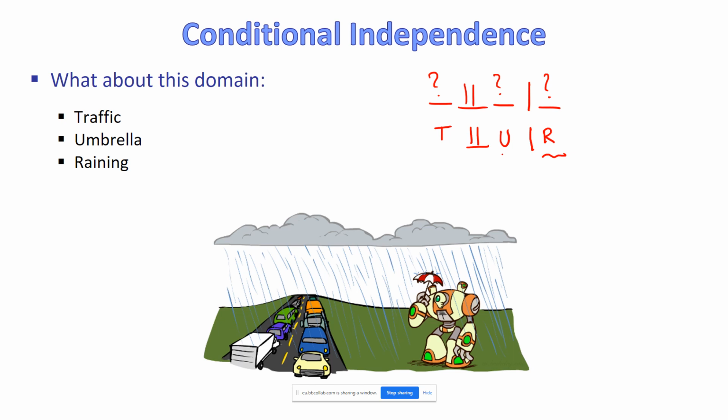So generally, we cannot say independence. There is an interaction. But knowing that it is raining now mediated this interaction. So it becomes clear that traffic and umbrella are completely independent, conditionally, given raining. Right? Any questions about that?